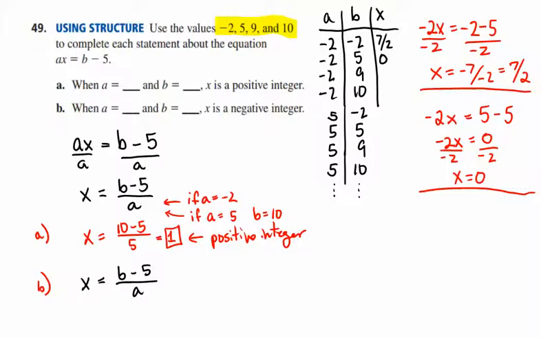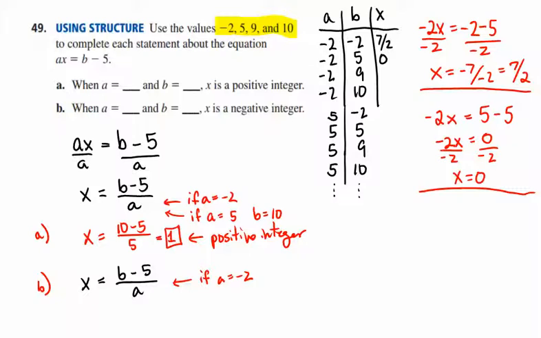So if a is equal to -2, so we have a -2 in the denominator, which means that our numerator has to be positive to get a result of negative, and it has to yield an even value, so that when we divide by 2, we get a whole number. So the only ones that will work there: -2 will not work, 5 will give 0, 9 minus 5 is 4, that works, 10 minus 5 doesn't.